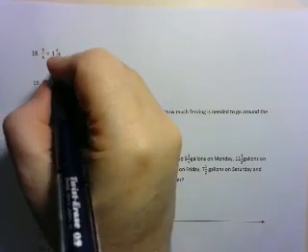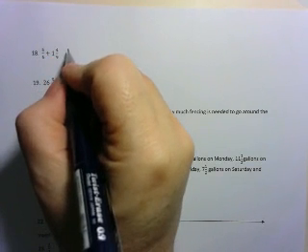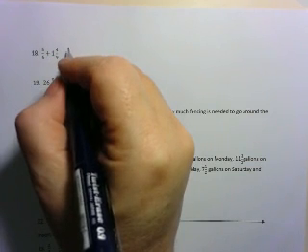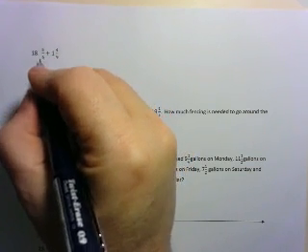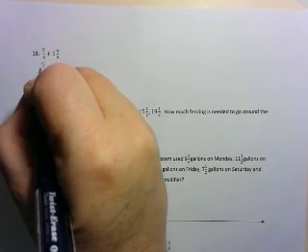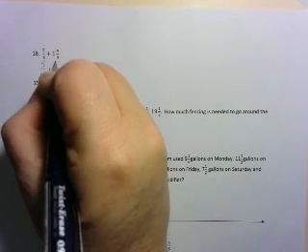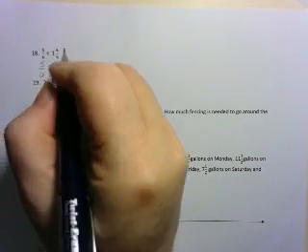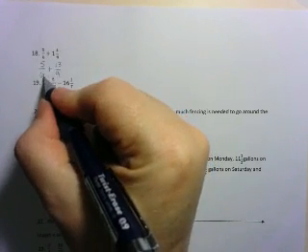Again, I'm going to make this into a common, first I'm going to make it into 5 6ths plus 13 ninths. My common denominator would be 18.